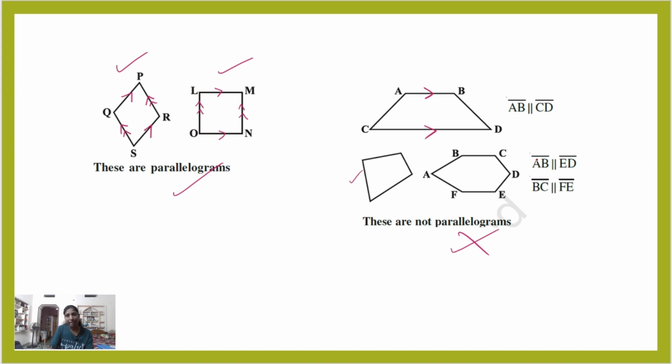Here AB is parallel to ED and BC is parallel to FE. But in this figure there are more than 4 sides. A parallelogram is a quadrilateral which has only 4 sides, but this has more than 4 sides. So it is also not a parallelogram.